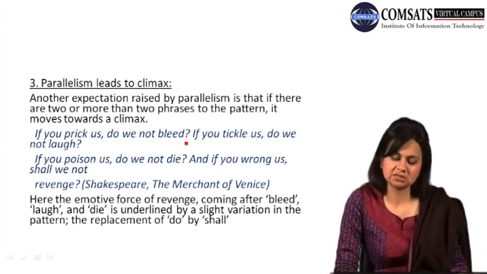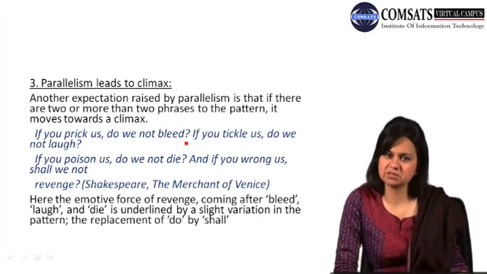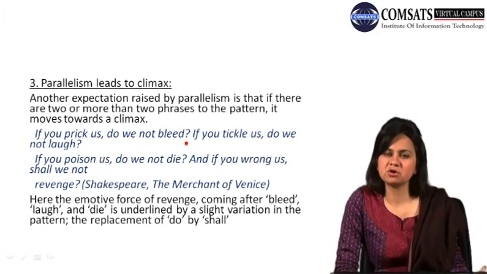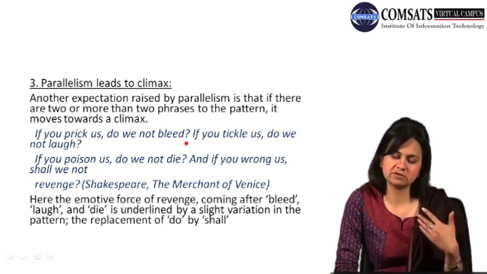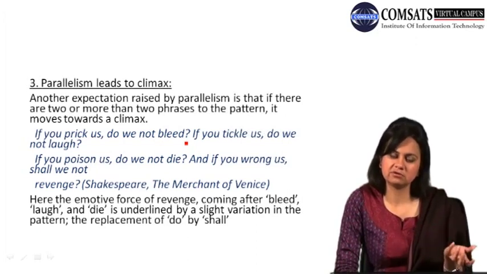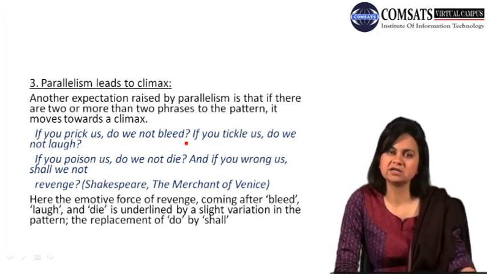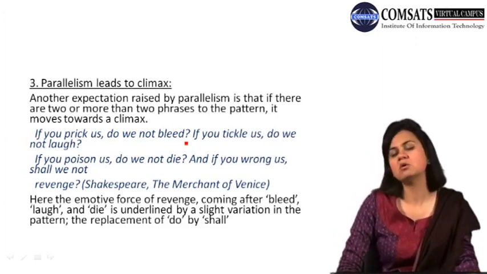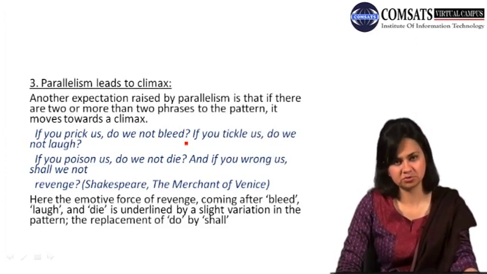So if you prick us, that is taken from Shakespeare's very famous play, Merchant of Venice. In this tragicomedy, the writer has uttered certain words through the expression of the characters that lead us to understand the idea of climax achieved through parallelism. Now observe how climax is achieved or reached through the help of parallelism.